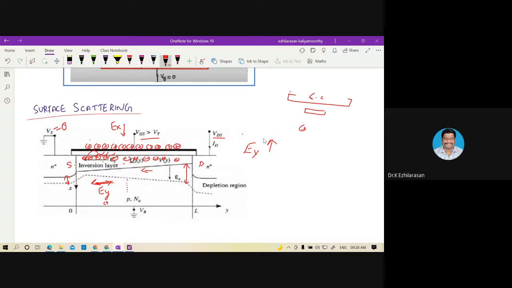It will be very difficult to move from bottom to top. This is EX. So the average surface mobility, even for a small value of EY, is about half that of bulk mobility. That is what we call surface scattering.